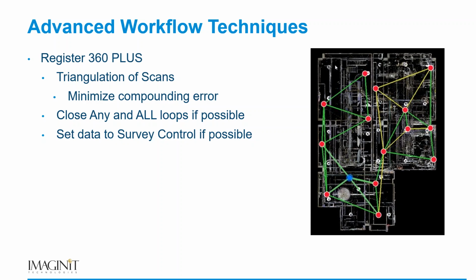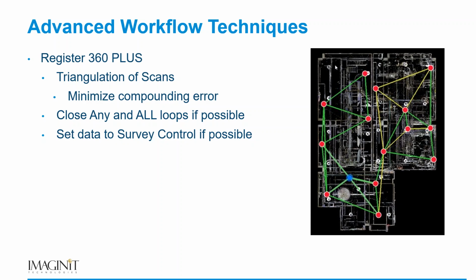Probably not, because I got everything I needed. So triangulation, big deal. Triangulate, triangulate, triangulate. Are you going to be able to triangulate everything? Nope, but try. Closing loops. If you successfully triangulate, generally speaking, you're going to have closed loops. Every once in a while, you just won't be able to do it.